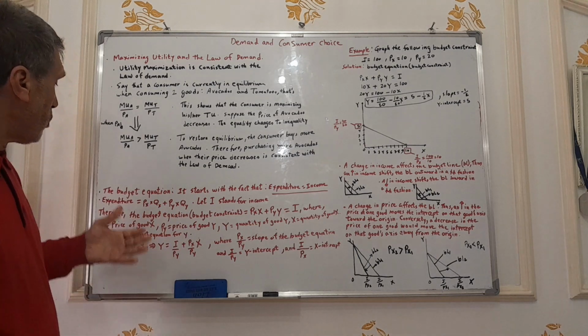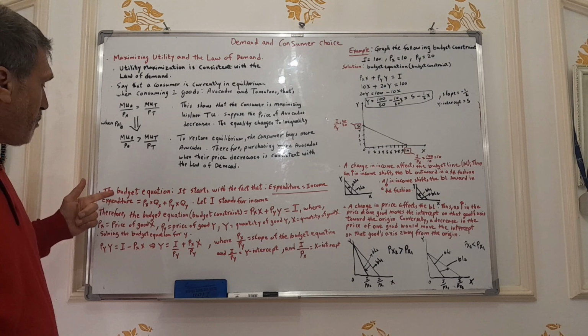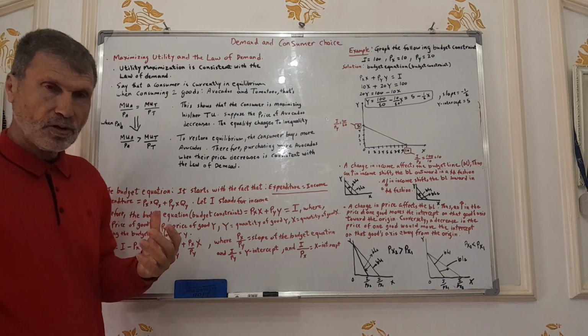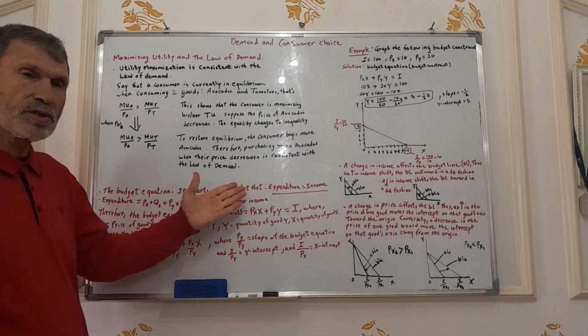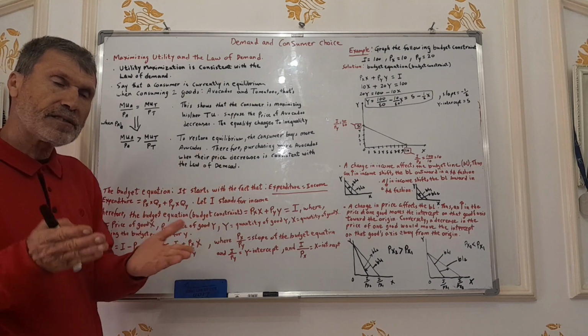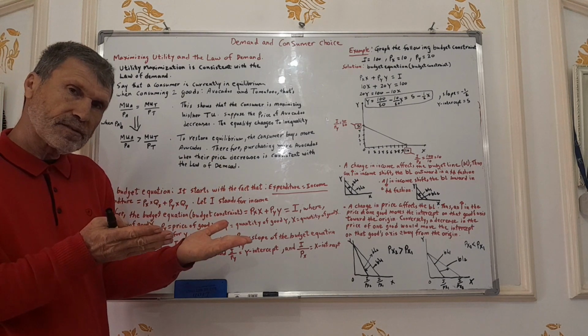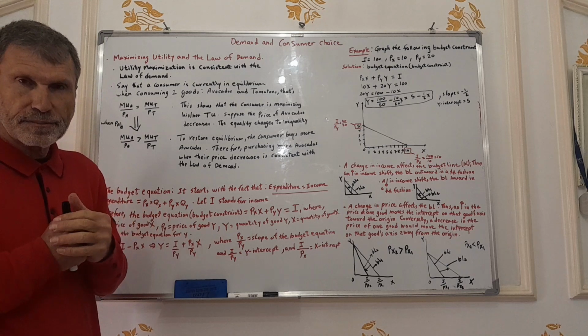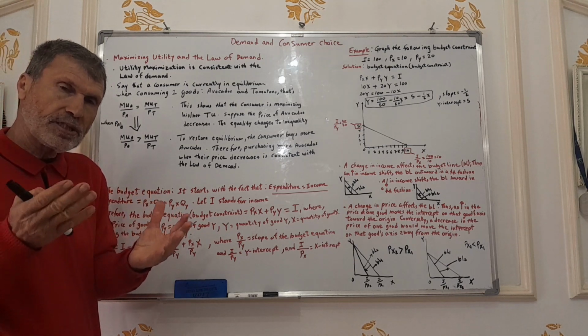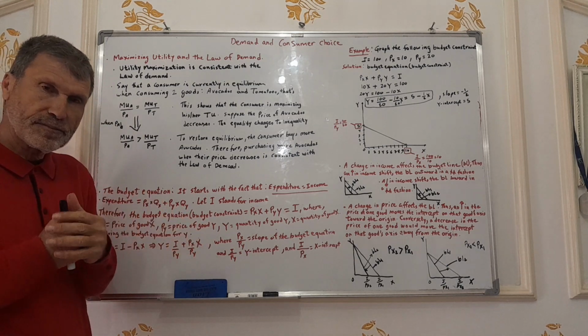Now, we move to another topic, the budget equation. Of course, the budget equation starts with the fact that expenditure is equal to income. Expenditure is equal to price times quantity.